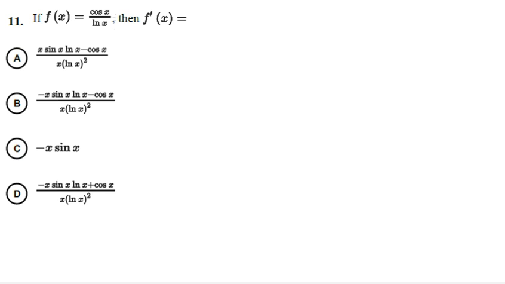So we've got the derivative of our numerator times our denominator function, minus our numerator function times the derivative of our denominator function, divided by our denominator function squared.